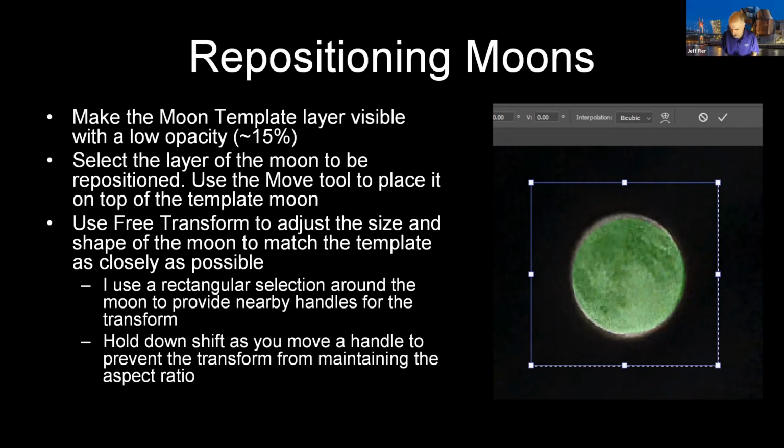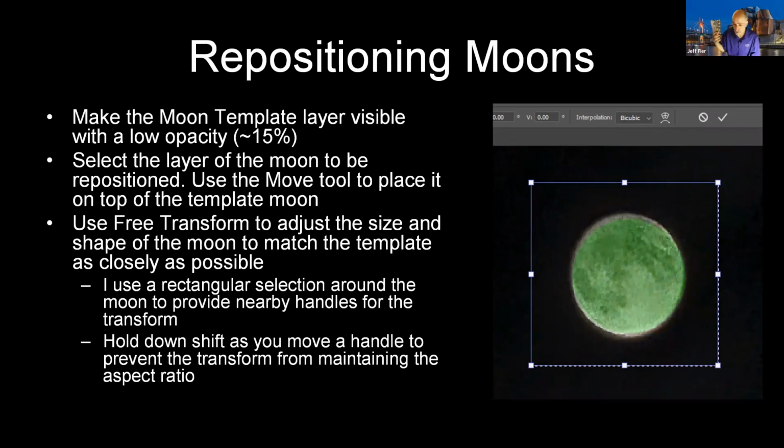And since the free transform will work on the entire layer, and I'm zoomed in at 200%, I really need to select a smaller part of the layer to work with, so I have handles to use the free transform tool on.